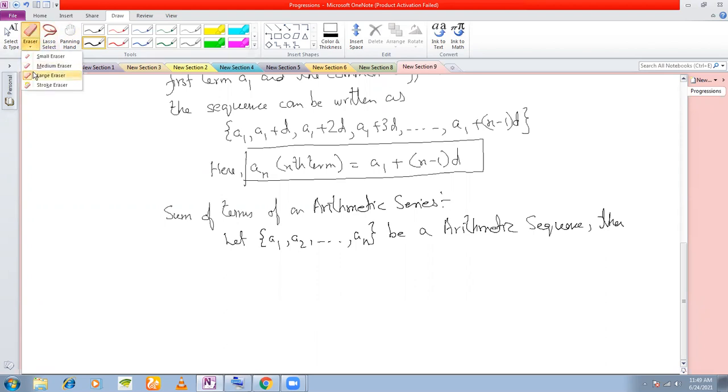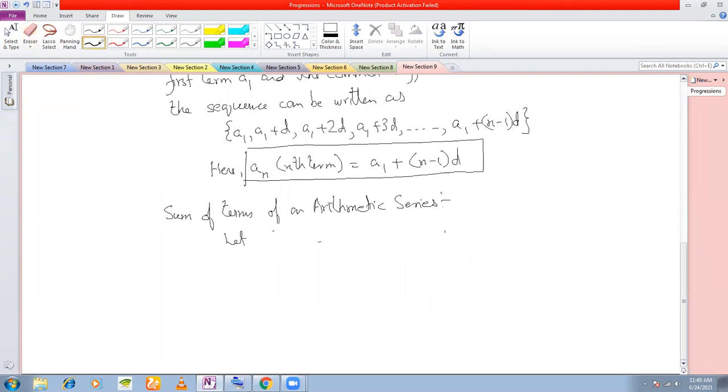Let A1 and AN be the first and nth term of an AP.